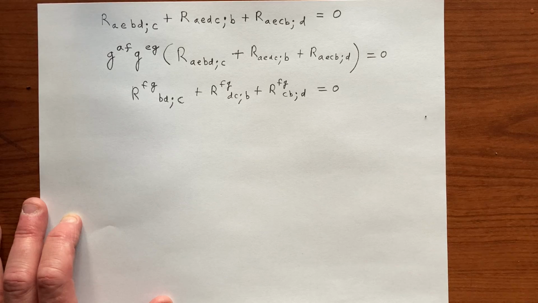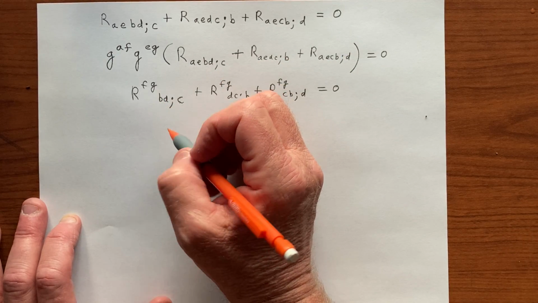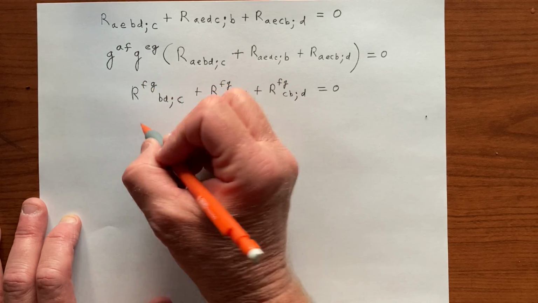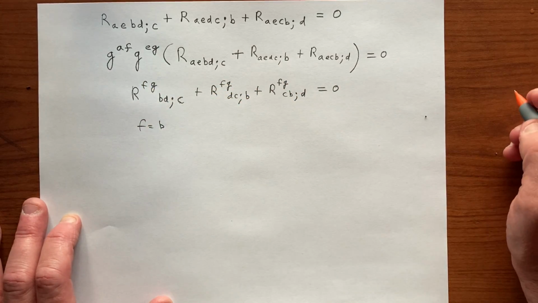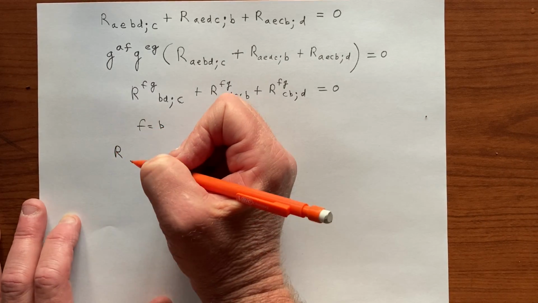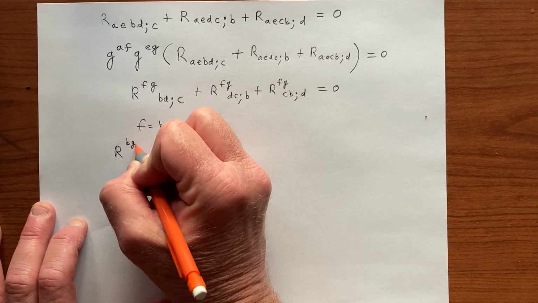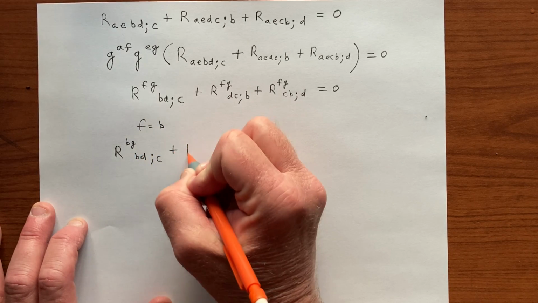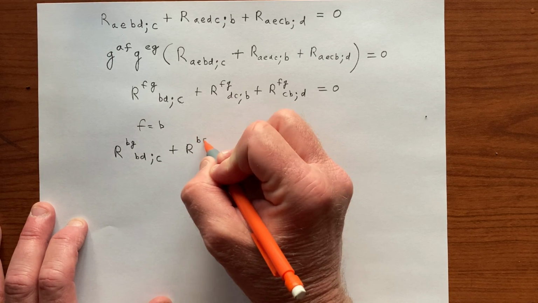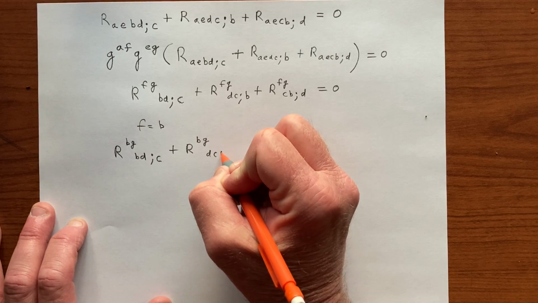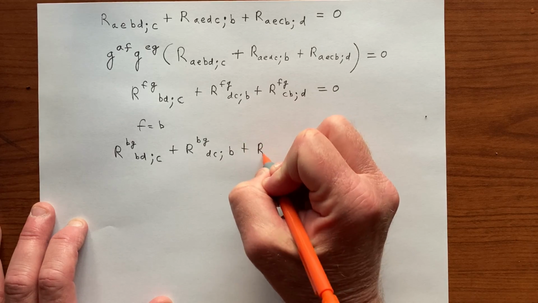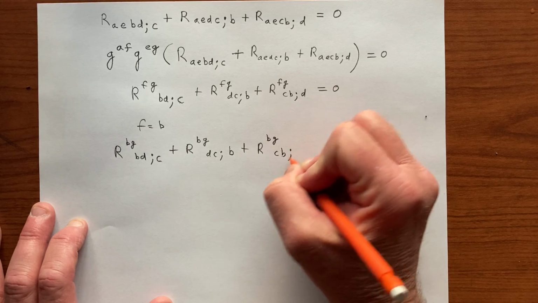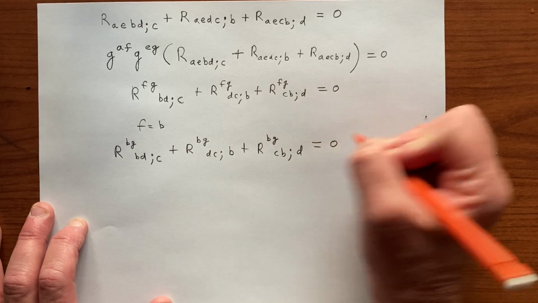And so now we'll contract on this index. So F is B, and that gives us R^BG_BD;C plus R^BG_DC;B plus R^BG_CB;D, and that's equal to 0.